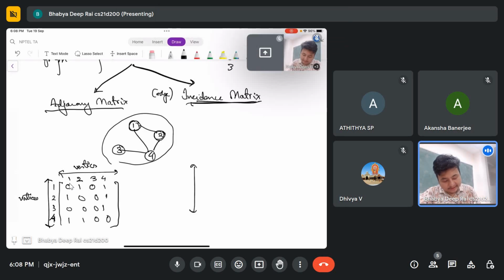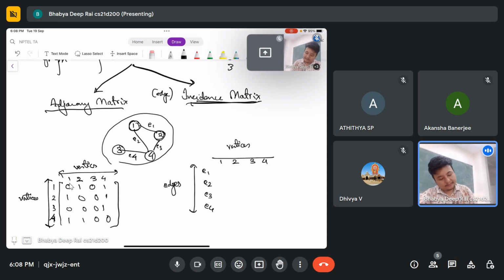My rows are actually edges this time. Let me label these edges. This is called E1, this is E2, this is E3, this is E4. I'll label the rows as E1, E2, E3, E4, and I'll label the columns as vertices this time, again 1, 2, 3, 4.